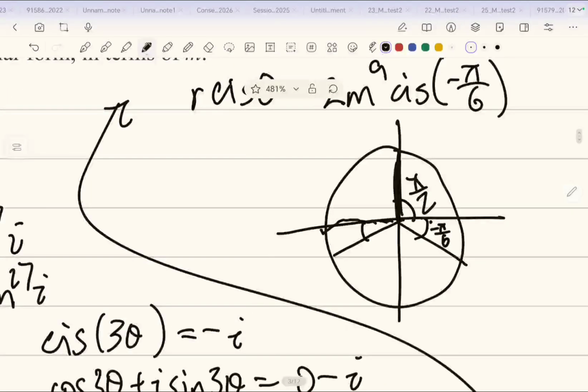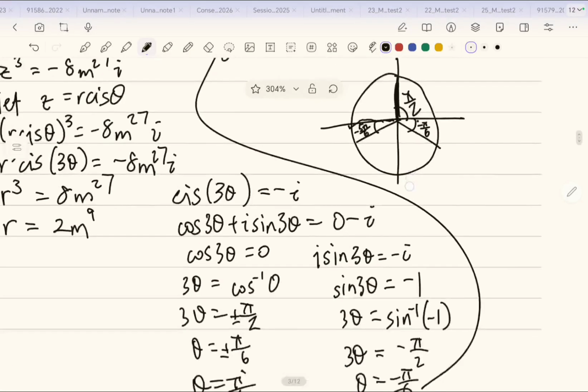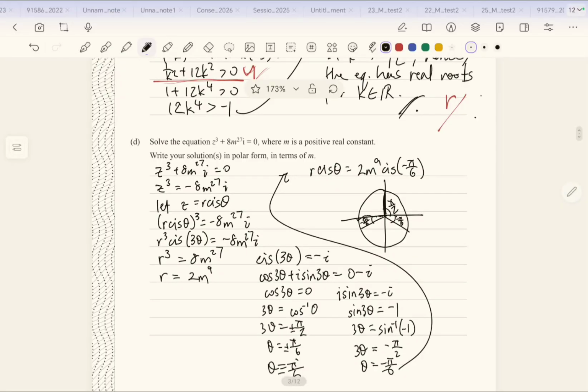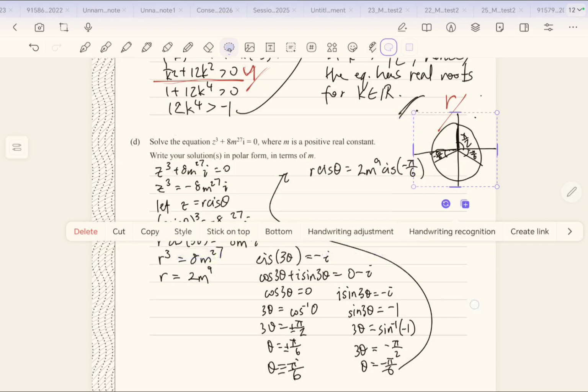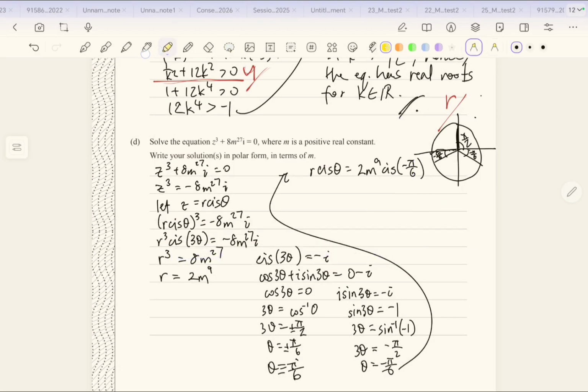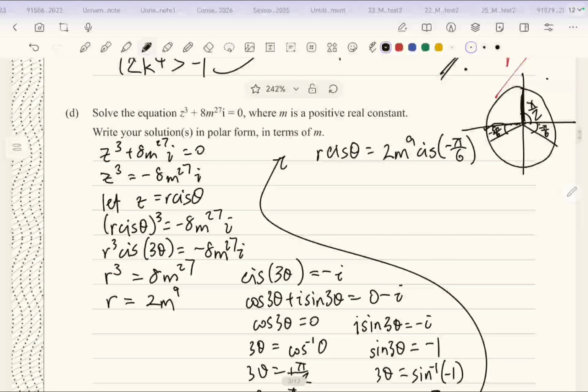So this angle is negative 5 pi on 6. Therefore, we'll move this diagram on top first, so it doesn't block our working space. So we can say theta equals negative pi on 6, pi on 2, and negative 5 pi on 6.